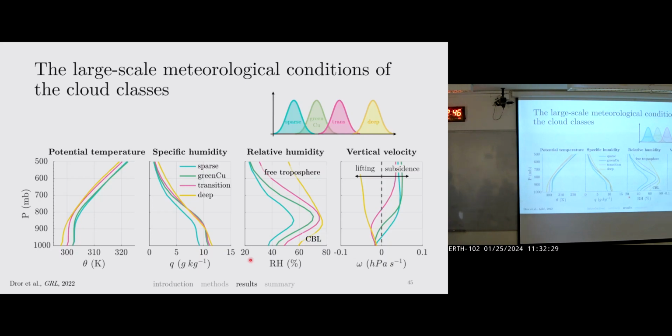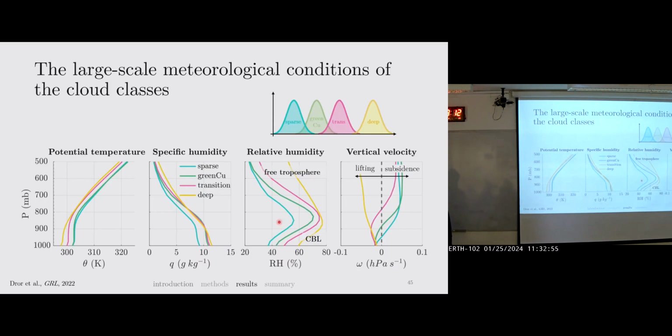And let me focus here on the relative humidity and the vertical velocity. The relative humidity is very easy to interpret because it's normalized, it also represents both potential temperature and specific humidity. And we see that generally, going from the sparse to the green Cu and so on, we transition from a hotter and drier atmosphere to a colder and moister environment.